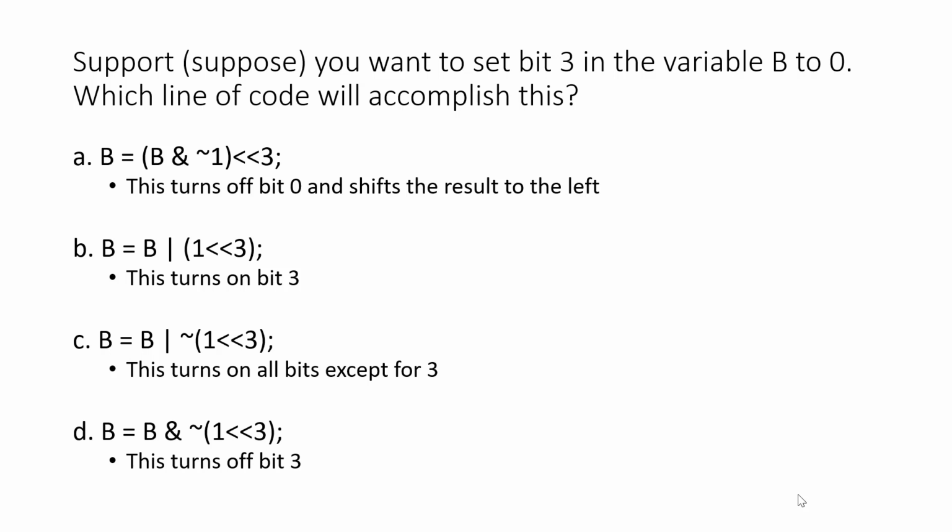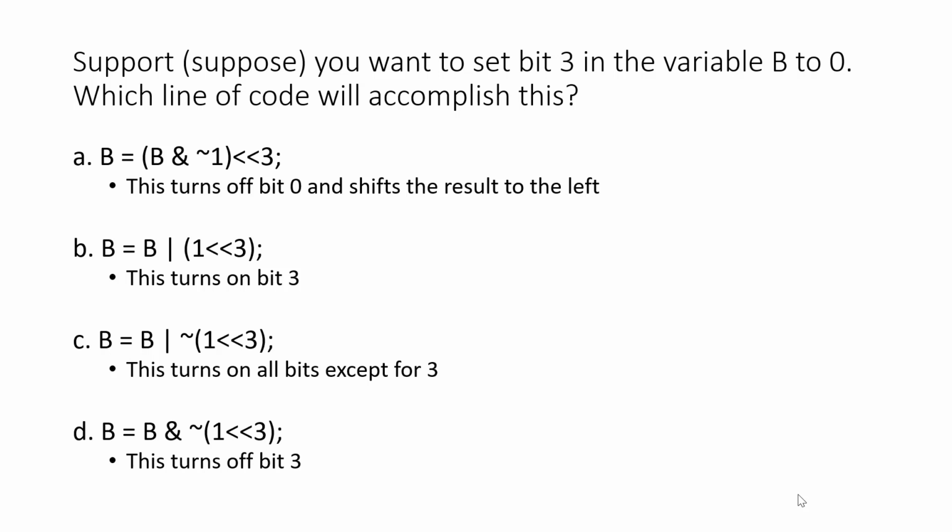So that rules out these two options with OR, right? This is the one that I proposed to use in class. So you take 1 shifted by 3 bits to the left, complement it, and then do an AND, right? So basically this will turn off all but bit 3.